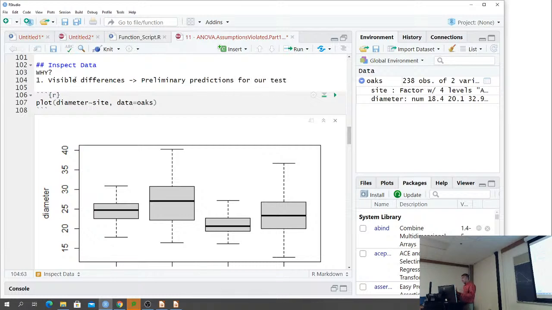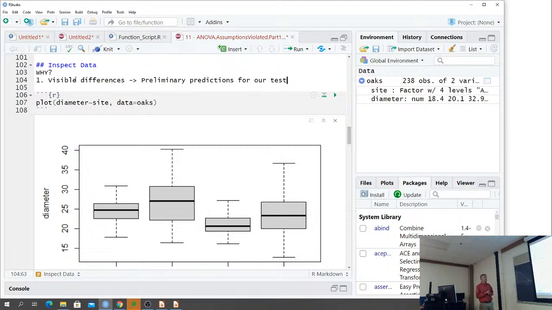We want to look at it and have an idea of what kind of p-value we should get. If I look at this and I get a p-value of 1, I'm going to be suspicious that I did something wrong, because I can clearly see that my medians don't line up, and if the medians don't line up, there's a good chance that my means don't line up. A p-value of 1 means that the means are exactly equal. If I get a p-value of 1, something's screwed up. Likewise, if I get a p-value of 0, warning bells should be going off.